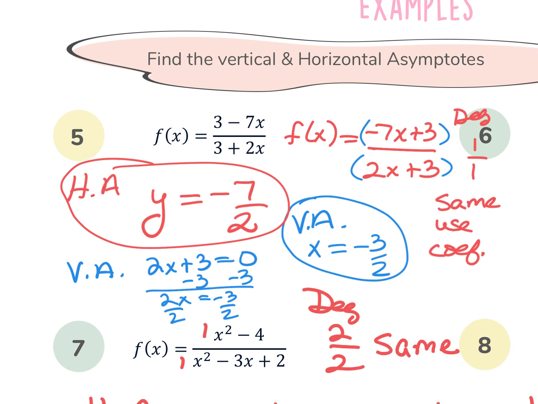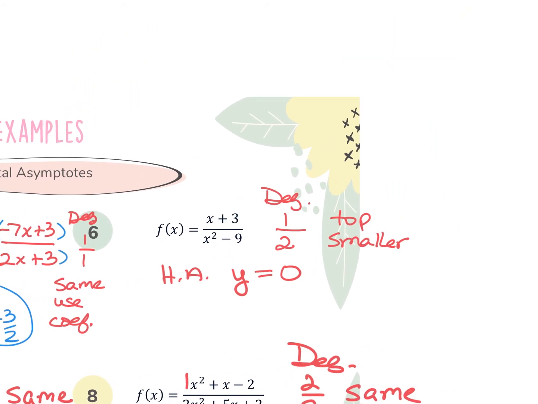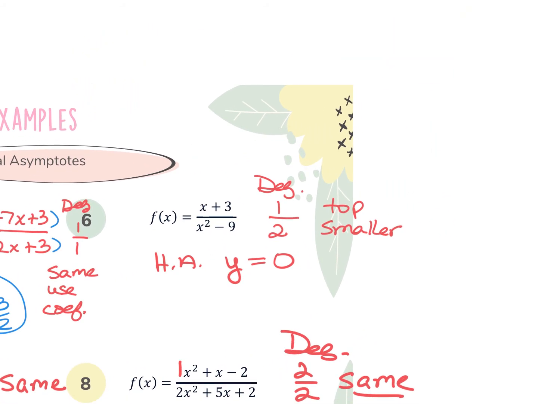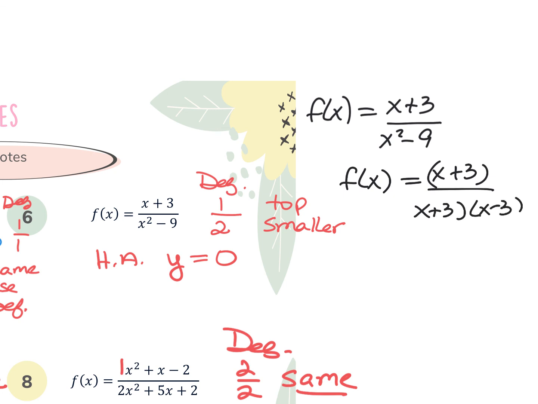The next one can be factored. I can factor the denominator. So my function is f of x is equal to x plus 3 over x squared minus 9. I can factor that denominator into x plus 3, x minus 3. I can look for things to simplify.